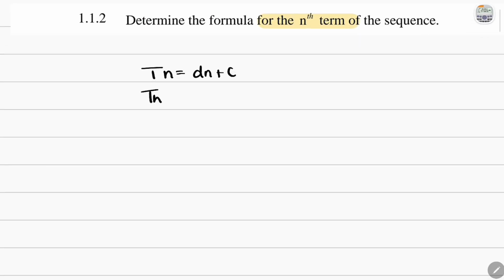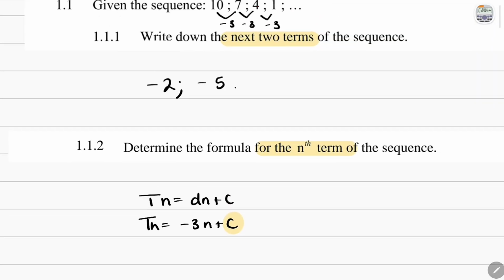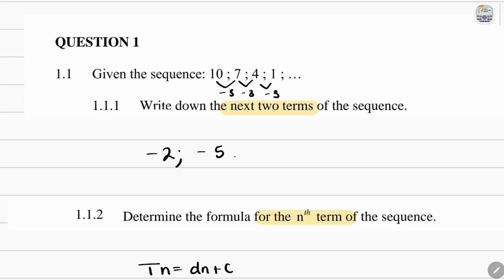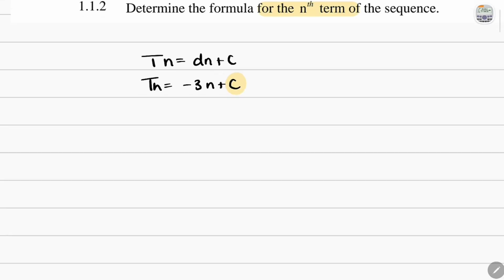So that is Tn equals negative 3n plus c. Now, we find this missing c by using one piece of info that we have. Say we look at term 2. You can see that term 2 has a value of 7. So I'm going to substitute that info here. Wherever you see n, replace it with 2.